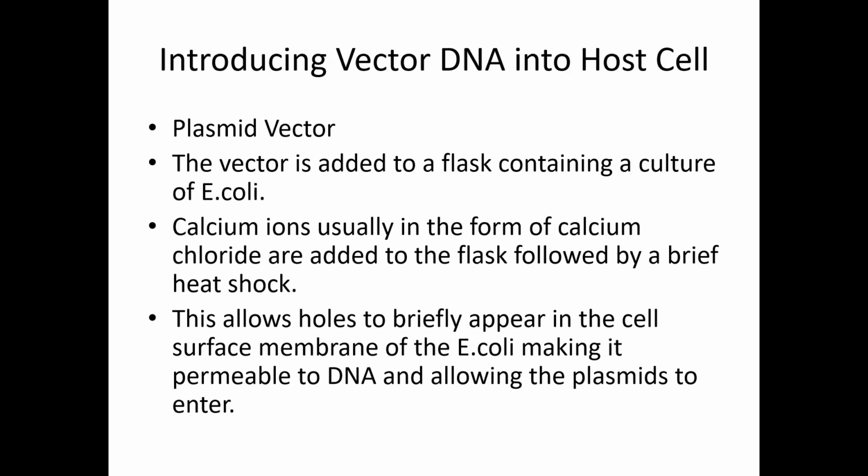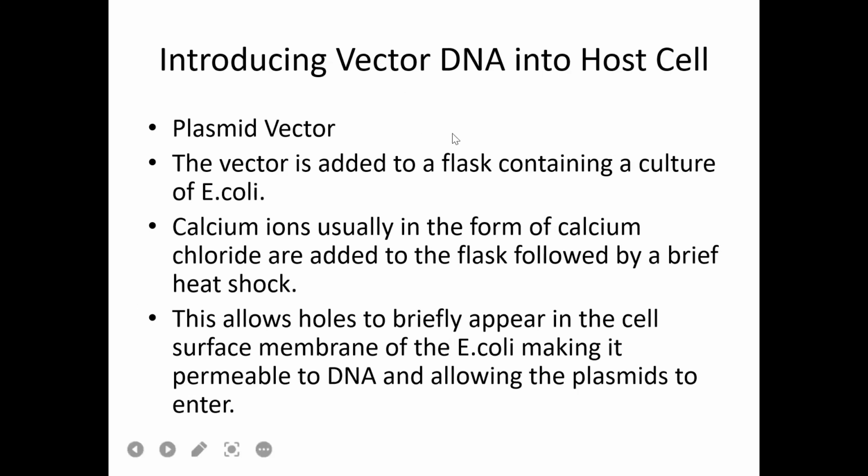Then after that, calcium chloride is added. Why? Because they need calcium ions. So for the calcium ions, calcium chloride has been added. What happens? This allows holes to briefly appear in the cell surface membrane of the E. coli, making it permeable to DNA and allowing the plasmids to enter.